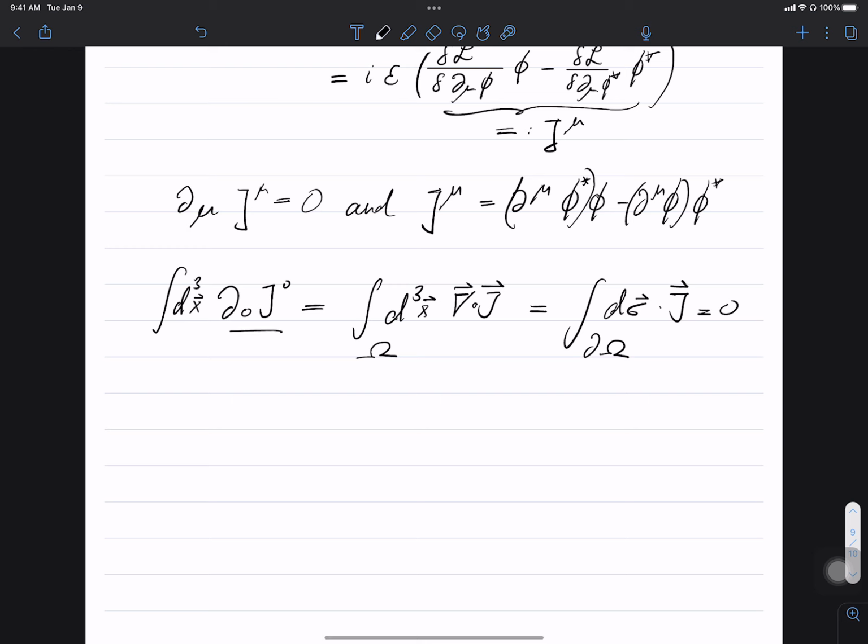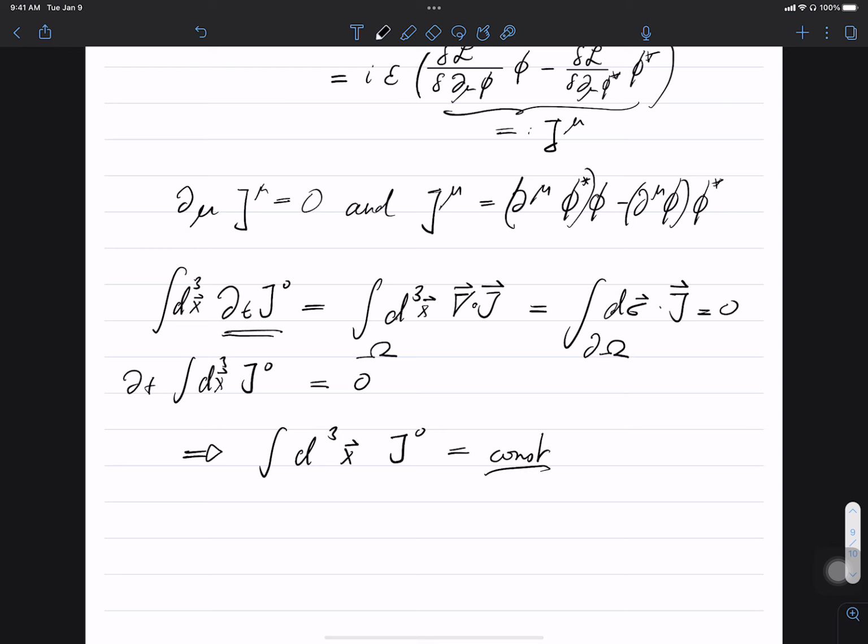So yeah, we know the time derivative. Well, let me write this 0 as explicit time dependence to make it absolutely clear. So the time derivative of this quantity, that we can pull outside now. The quantity is the volume integral of this charge. The time derivative of this is 0. So that's why we can conclude that the total volume integral of this quantity is a constant and it's a conserved value.